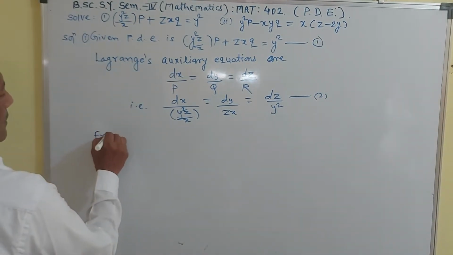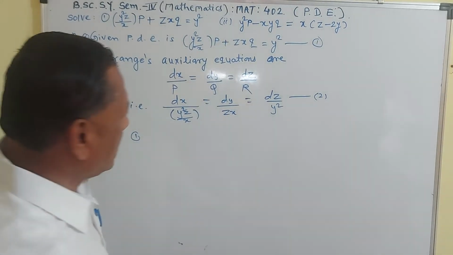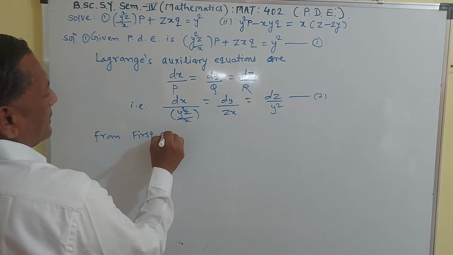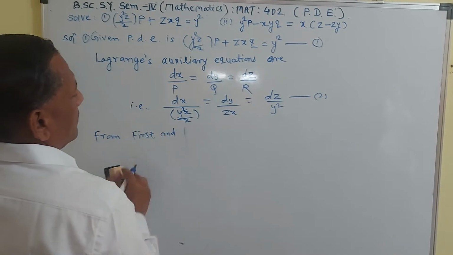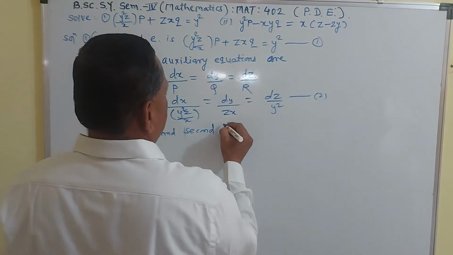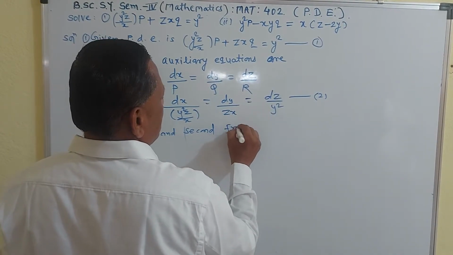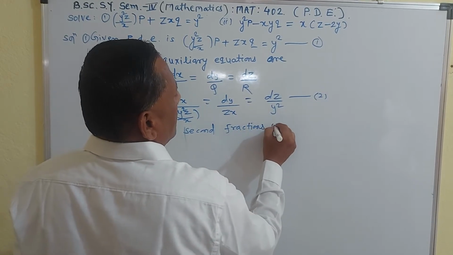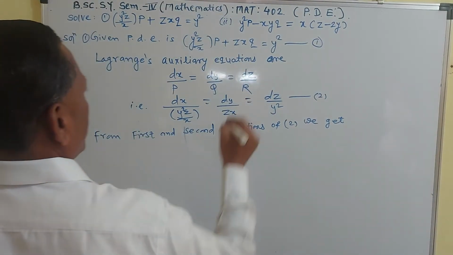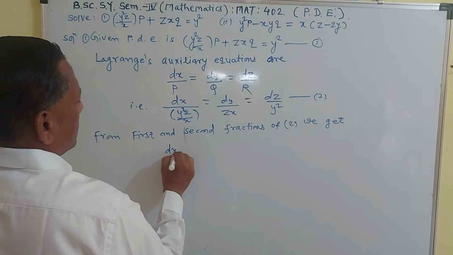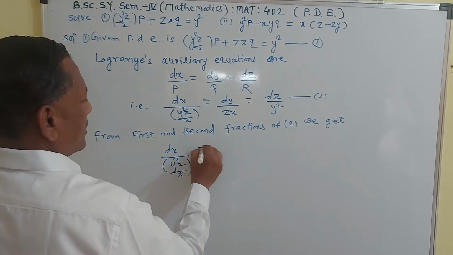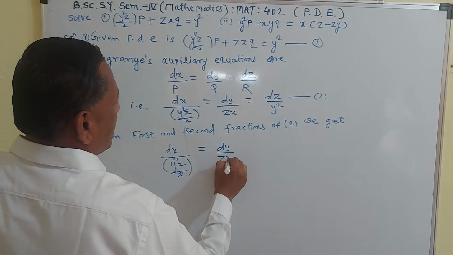From the first and second fractions of equation 2 we get dx upon y square z upon x is equal to dy upon zx.